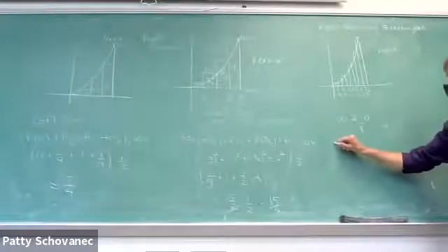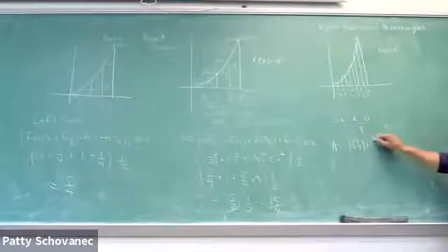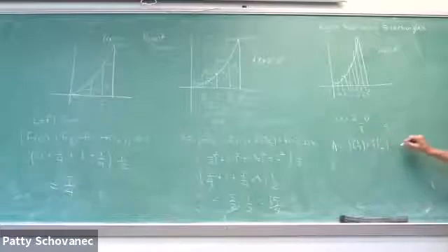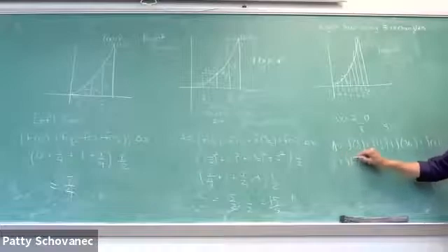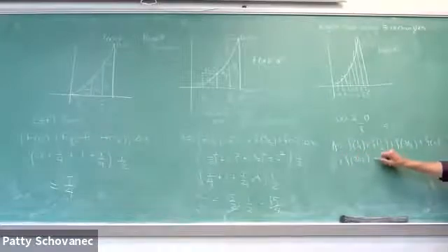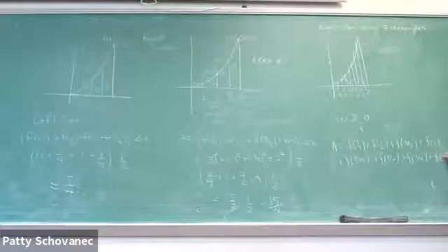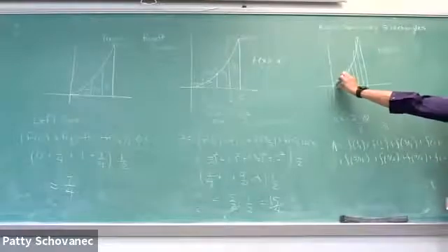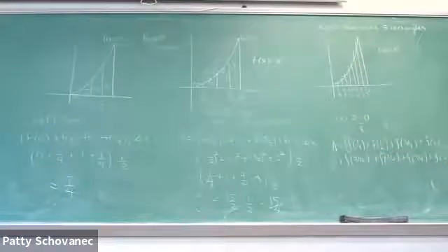So my right sum gives me my area: f of 1/4 plus f of 1/2 plus f at 3/4 plus f at 1 plus f at 5/4 plus f at 3/2 plus f at 7/4 plus f at 2. Those are all the heights. I got 8 of them. And then I'm going to multiply by the width, delta x.